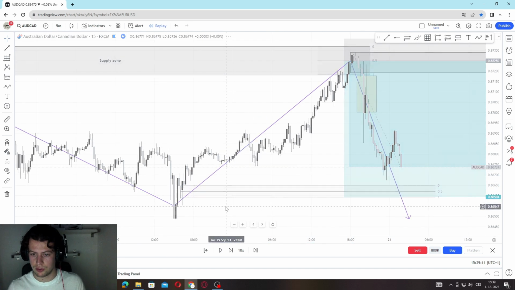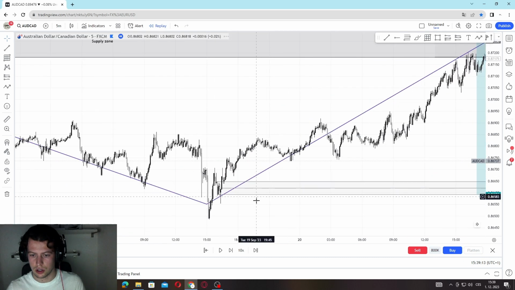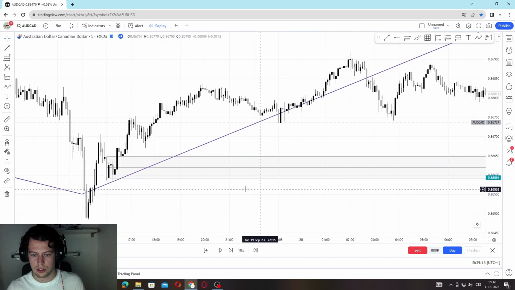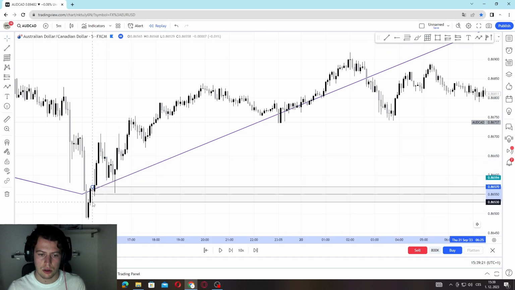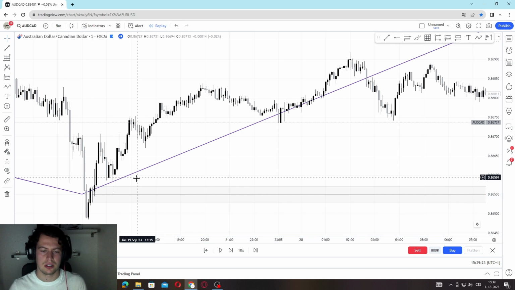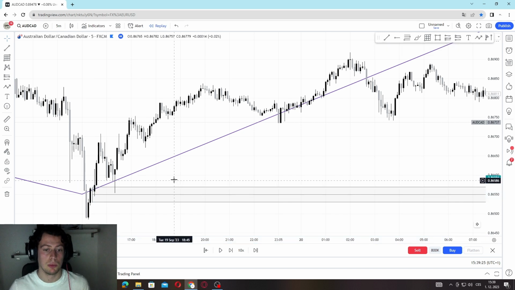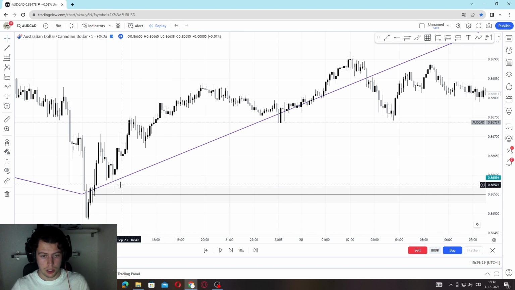We can also go to the 5 minutes to refine it, and you have also this, well, it's not really an indecision candle, but it's also a memorable candle. So this also started this big move.